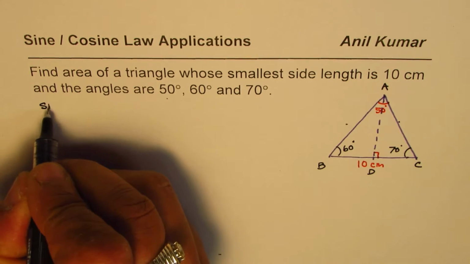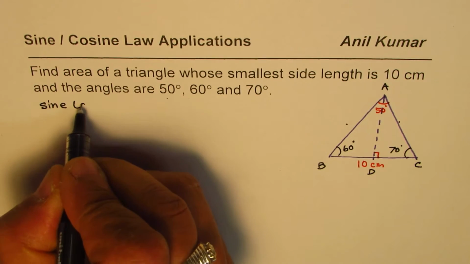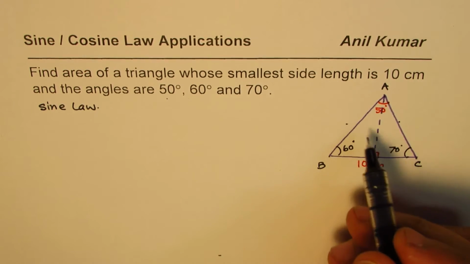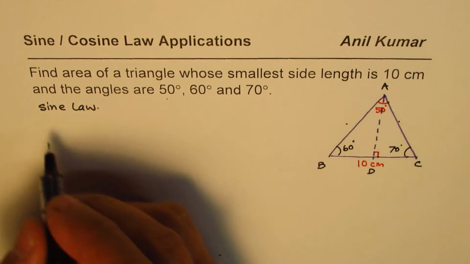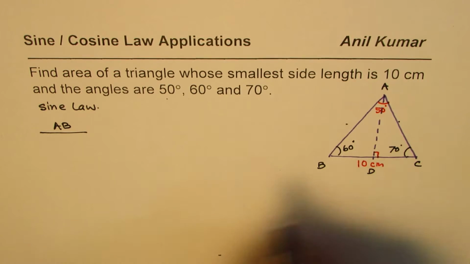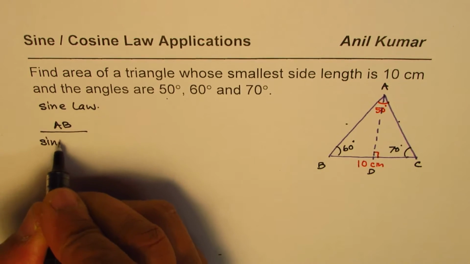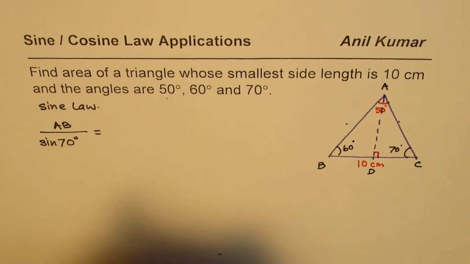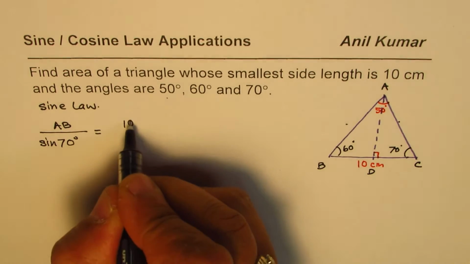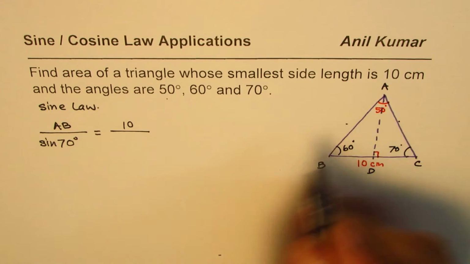So we are applying sine law, which is the ratio of side and sine of the angle. We'll use AB, the side which we need to find, divided by the sine of the opposite angle, which is sine of 70 degrees, should be equal to what is known to us, the side BC, which is 10 centimeters, divided by sine of 50 degrees.